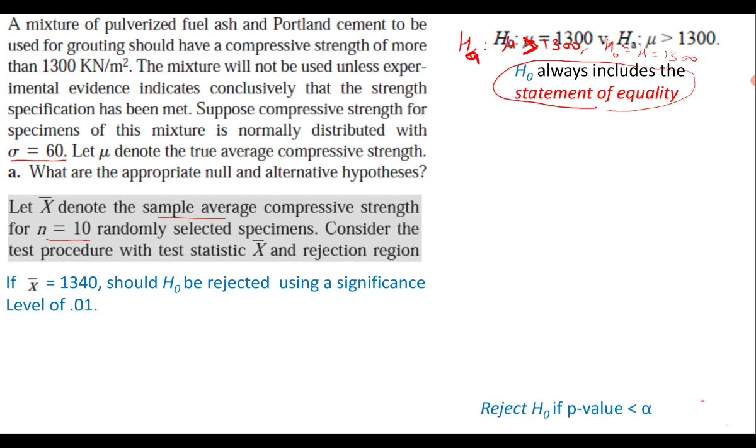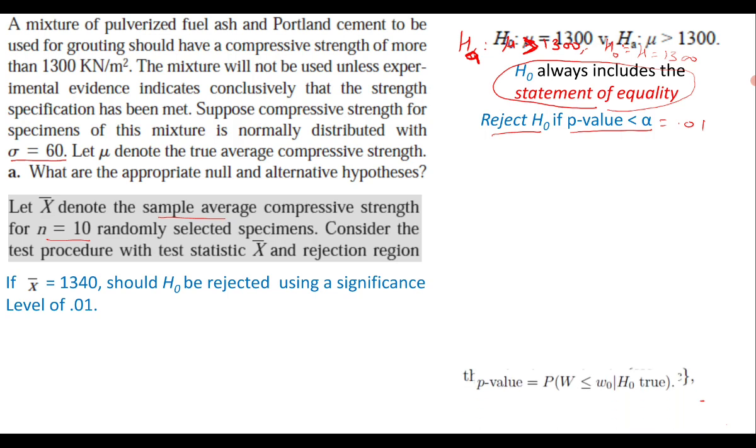The theory says that we reject H naught if the p value is less than alpha, where alpha, the significance level here, is 0.01. It means we do not reject H naught if the p value is greater than or equal to alpha.